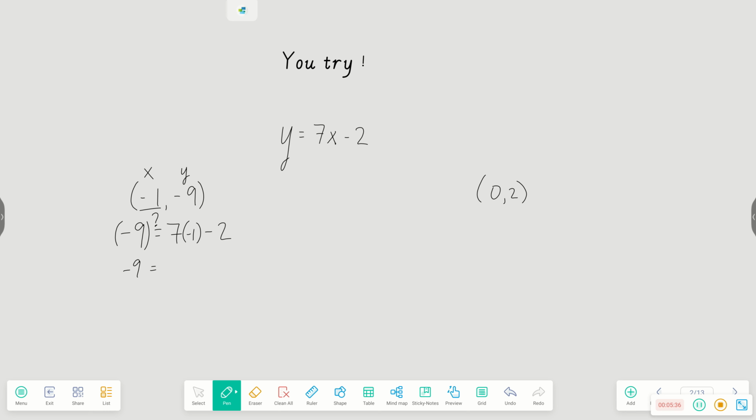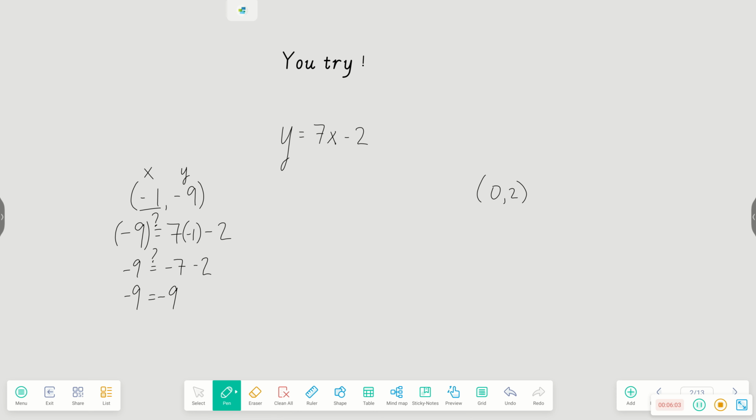-9 is just -9. And we want to see if it equals this stuff on the right-hand side. So 7 times -1 is -7, and we still have a -2. We still have -9 over here. We're wanting to see if it equals. And -7 minus 2, if you owe somebody $7 and you spend 2 more, we still owe them $9.